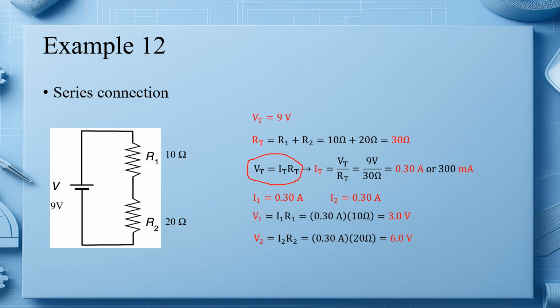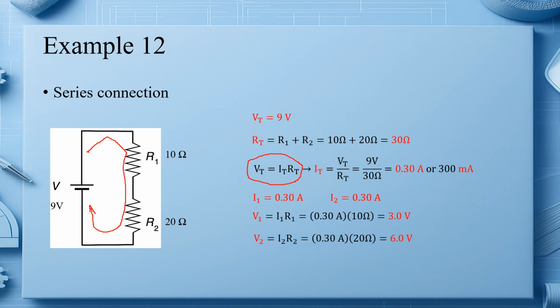The total current is 0.30 amperes. It means the current flowing all throughout here is 0.30 amperes. So I1 is equal to 0.30 amperes and I2 is also equal to 0.30 ampere.